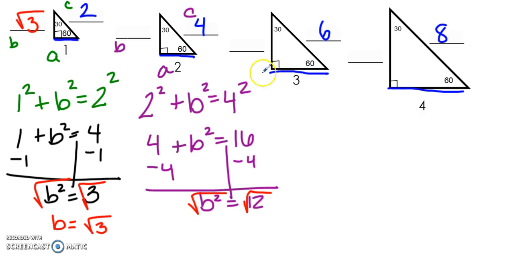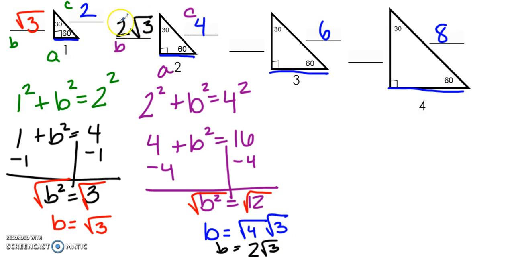Now 12 is not a perfect square, but it can be broken down. So square root of 4 times the square root of 3 equals the square root of 12. Now because 4 is a perfect square, that just results in the answer 2. Square root of 3 just trails along. So b is the value of 2 square root of 3.